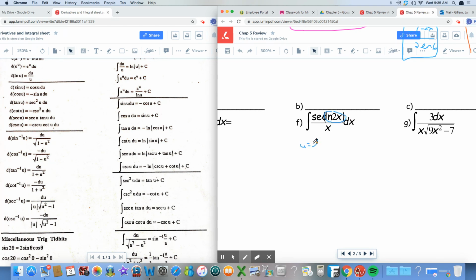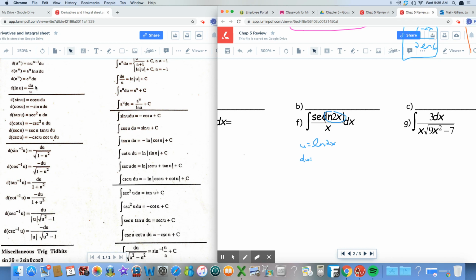So u is the natural log of 2x. The derivative of a natural log is du over u. The derivative of 2x is 2, over 2x. So you end up with 1 over x dx. That's my du. All right. So there's my 1 over x, and there's my dx. So I don't have to add anything. There's my du. So what am I left with?